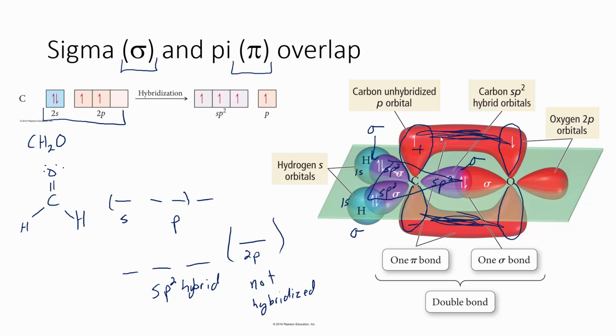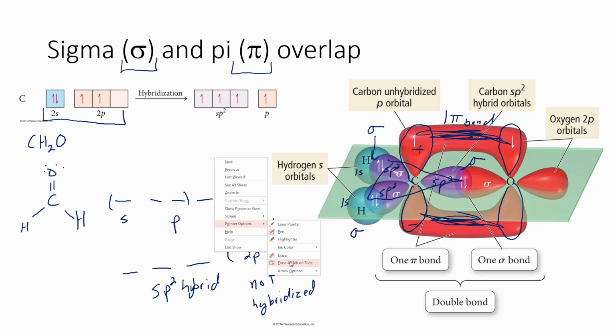The top and bottom together is one secondary or pi bond, and that's between the unhybridized p orbital on carbon and the unhybridized p orbital on oxygen.